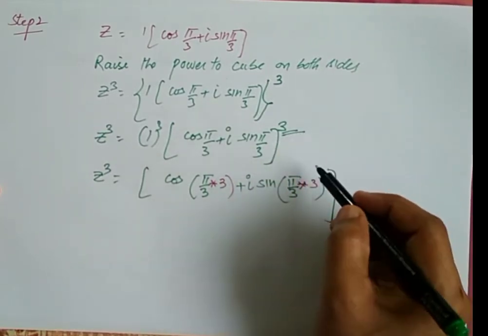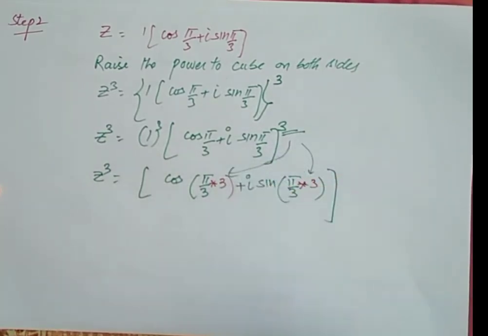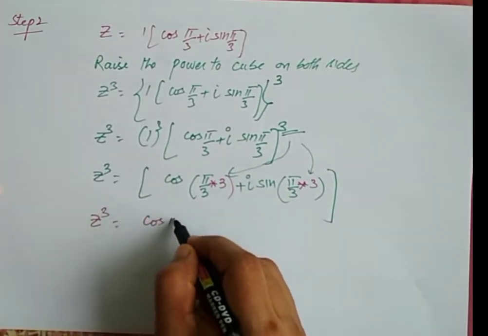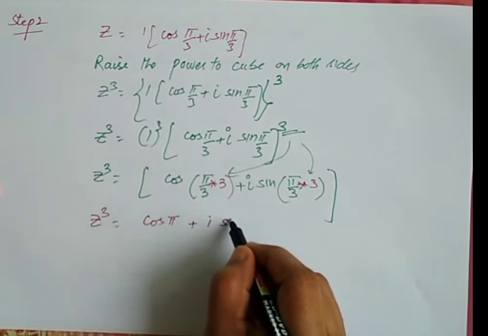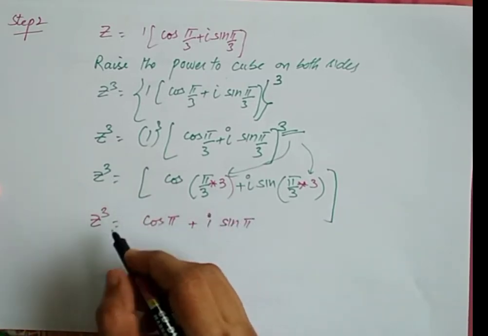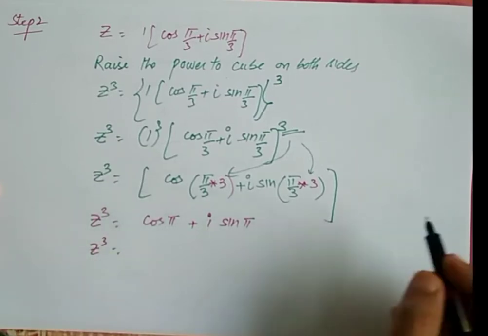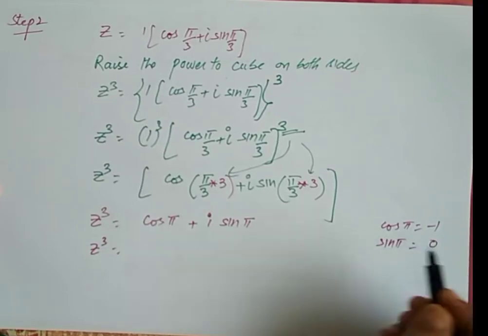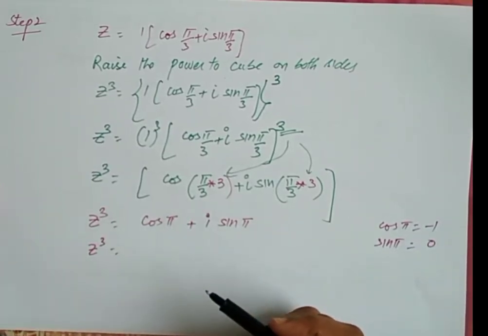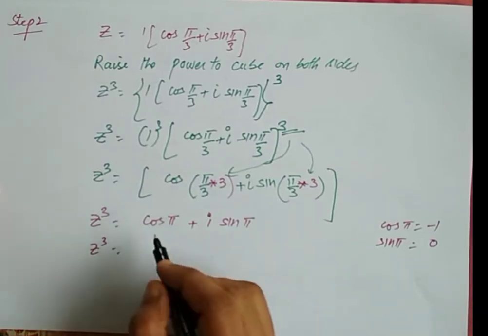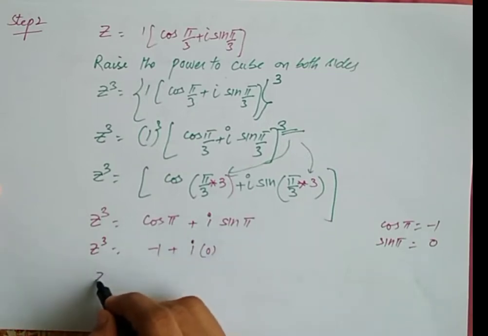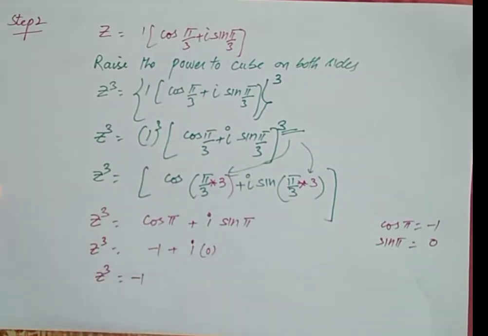This power is now becoming the angle multiplier. So z cube is equal to cos pi plus i sin pi. We know cos pi is equal to minus 1, sin pi equals 0. So z cube is equal to minus 1 plus i into 0. So z cube is equal to minus 1, step 2 completed.